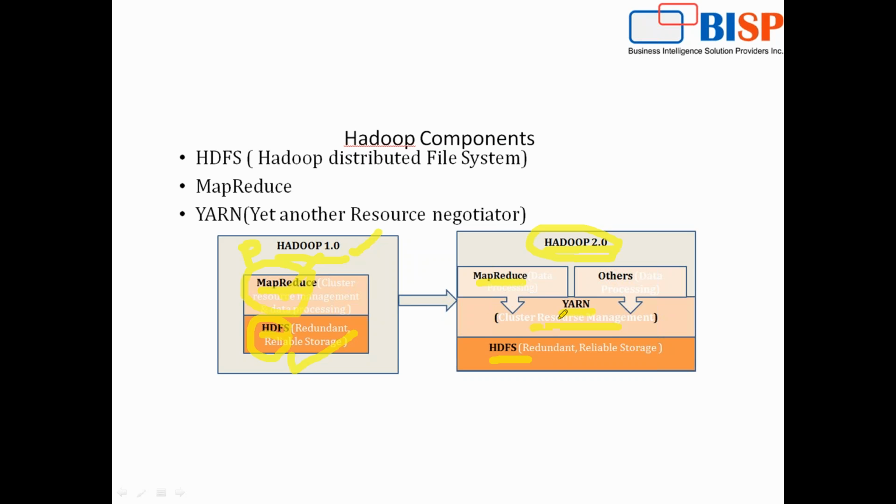You might ask who did the resource management in Hadoop 1.0. It was MapReduce. Since that was a burden to MapReduce, it has been split into another service called Yarn. We can get into the details of Yarn architecture in future classes.